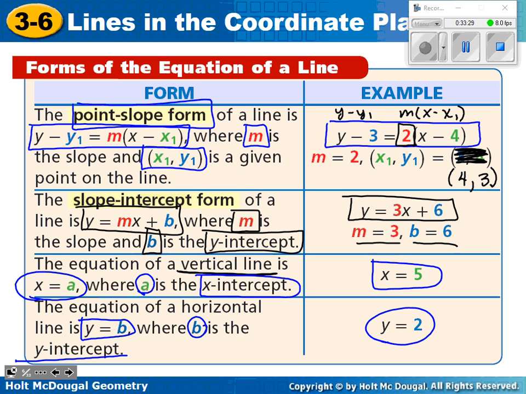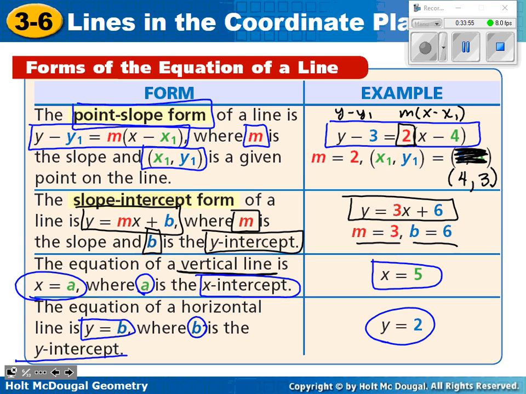An equation has to either be x equals if it is vertical or y equals if it is horizontal, and it is a number. So if this is this line here, what would my equation be? x equals 2. It's vertical. The y is constantly changing, but what is not ever changing? The x value. That's why it's x equals 2.